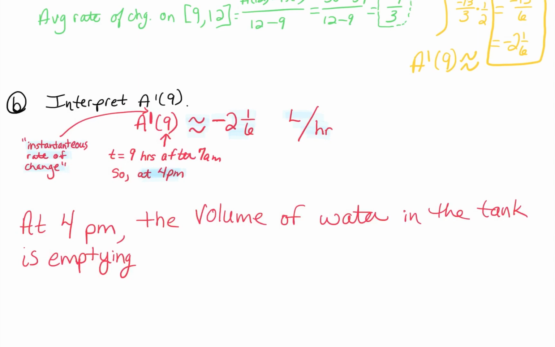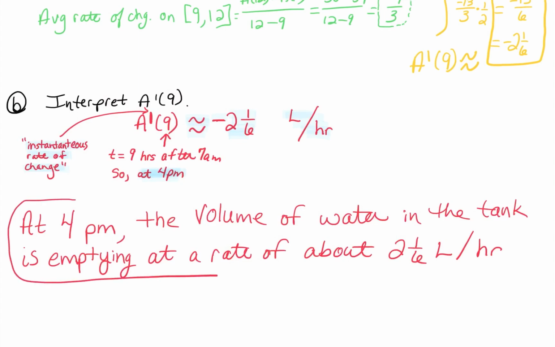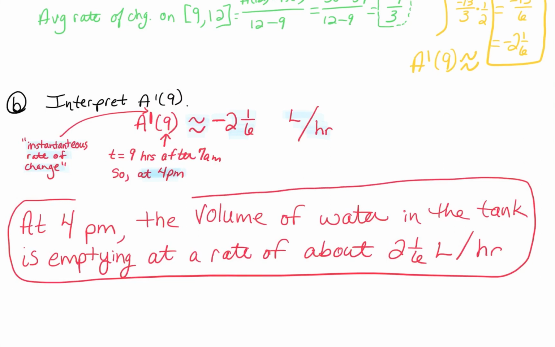It's emptying at a rate of, so here's my instantaneous rate of change, about, this is our approximation, 2 1/6 liters per hour. And that's important. We're going to do a lot of interpreting of derivatives this semester, and starting to get this interpretation down is important.